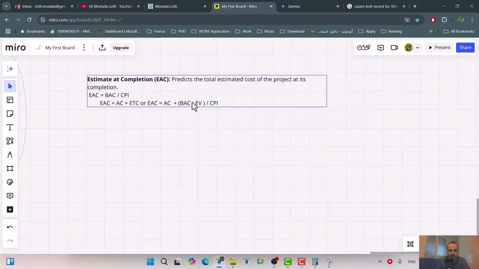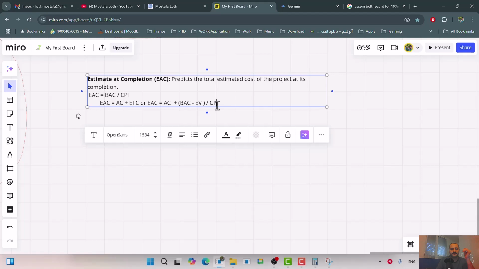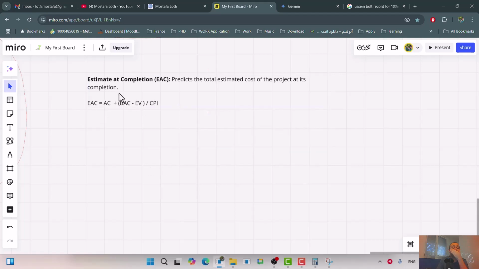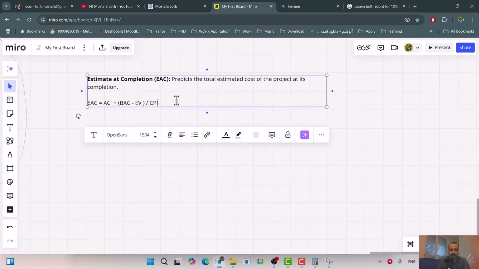To calculate the EAC, actual cost plus ETC. Let me remove this one because I don't like this formula. You can find different formulas on the internet, but I prefer this one because it gives you a better understanding. The interpretation of this formula is better. Basically, that's what I'm trying to explain.